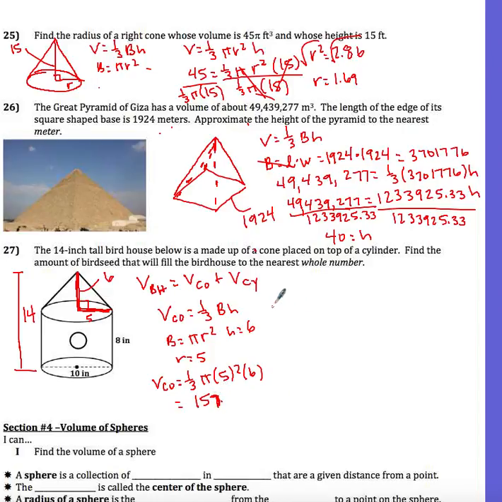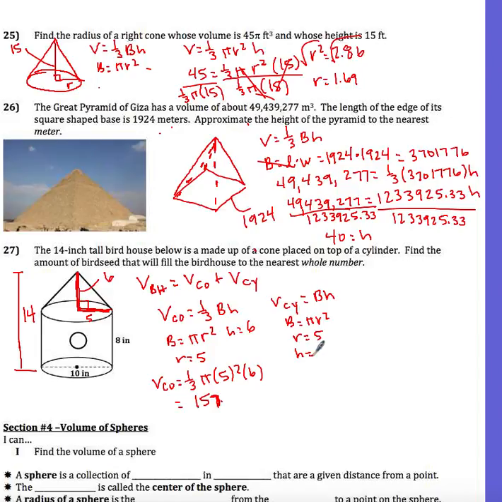Okay, so now I got to do the volume of the cylinder. The volume of a cylinder is just big B H, where our big B is pi r squared. Our r, we said, would be 5.